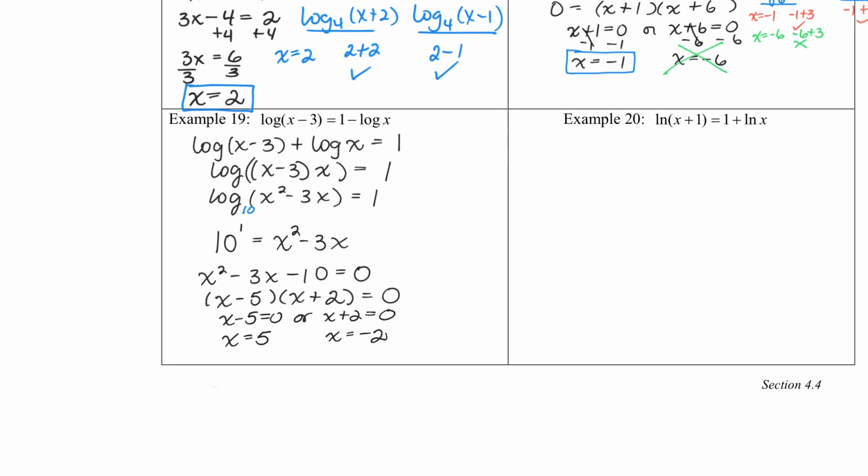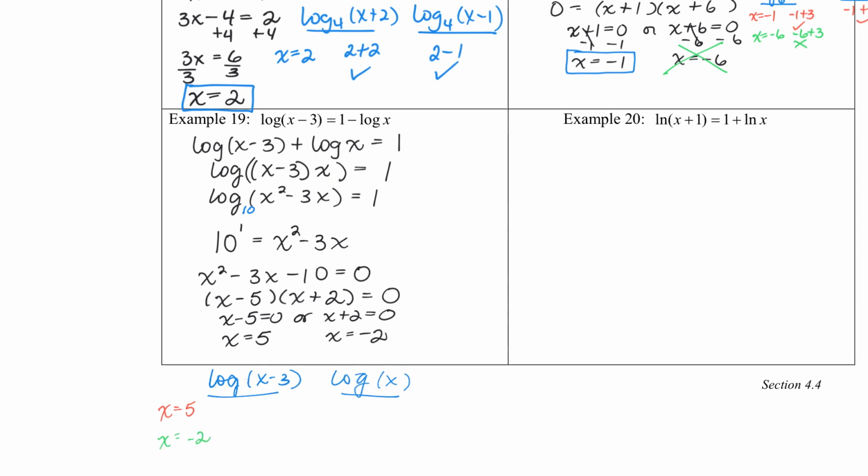So I'm going to be looking at my original logarithmic equation and asking whether log of x minus 3, I think I was doing that in blue, so let me do that in blue again, log of x minus 3 and log of x, whether those are both going to be okay in terms of their argument staying positive for the two proposed solutions, x equals 5 and x equals negative 2.